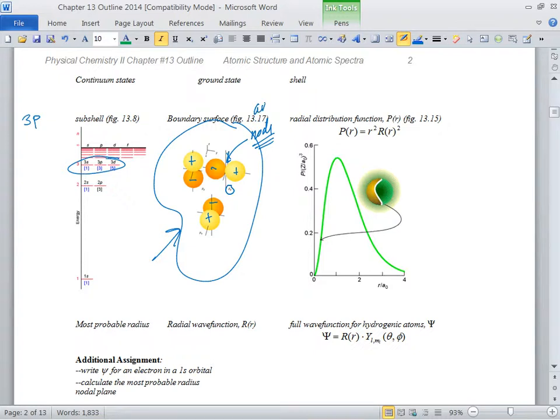Those are angular nodes, not just any regular nodes. And it's interesting too: the number of those angular nodes is just l. So for p orbitals, l is 1, so there's only one angular node.